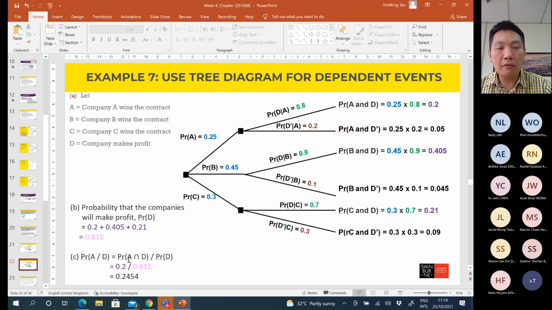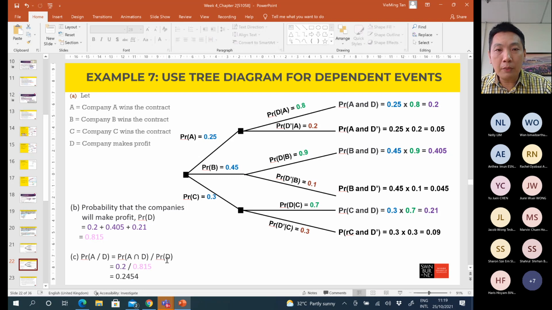Now we have to substitute the number into each variable. A intersect D, where can we get it? This one. 0.25 multiplied by 0.8 equals 0.2, so we substitute 0.2 here.